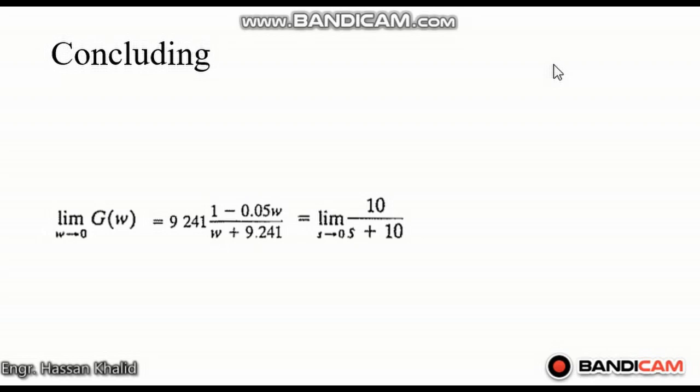On the left side of the equation, where the limit is applied to G(omega) as omega approaches 0, you can see that this term will become 1. Now if the limit is applied in the S plane where s approaches 0, you can also see that this term will become 1.